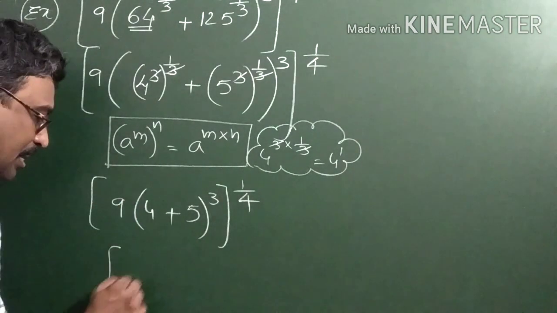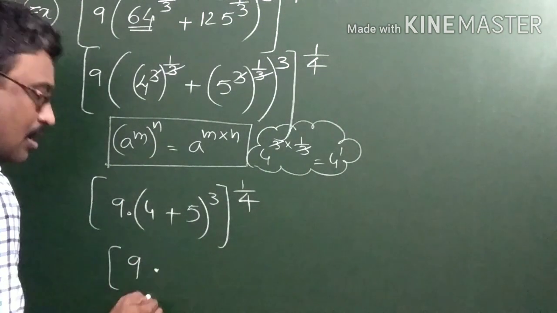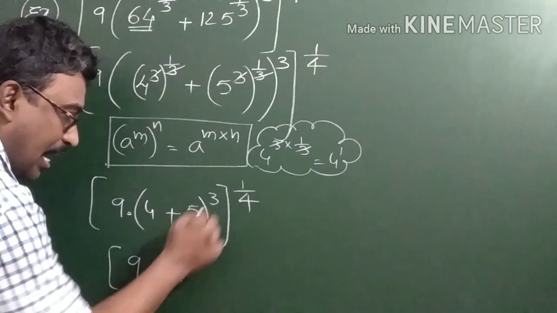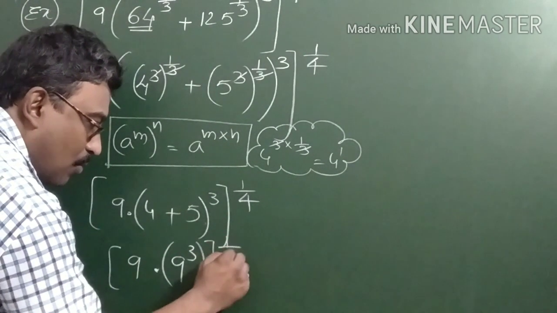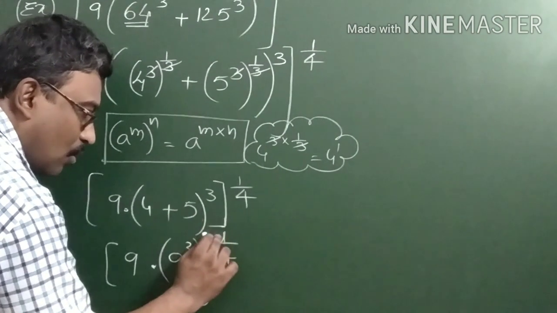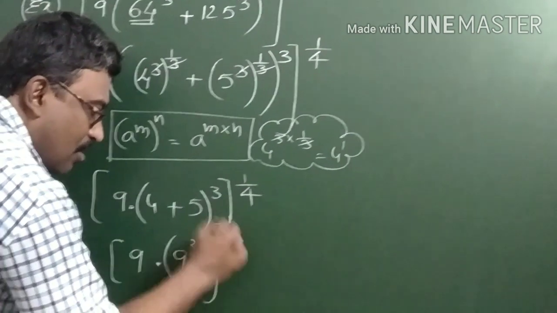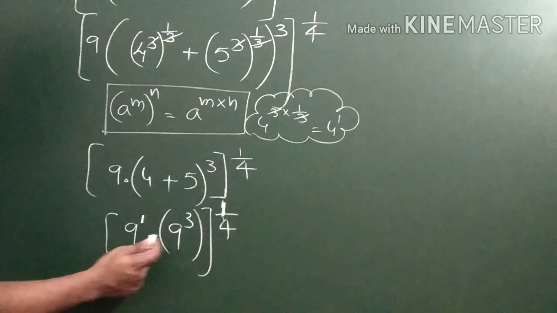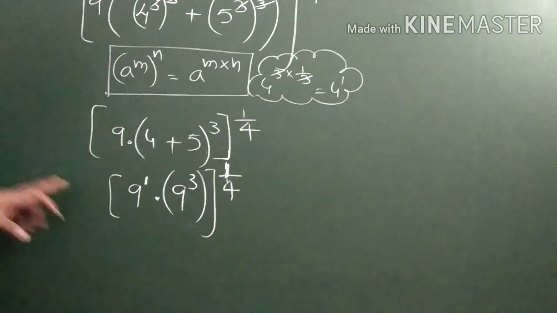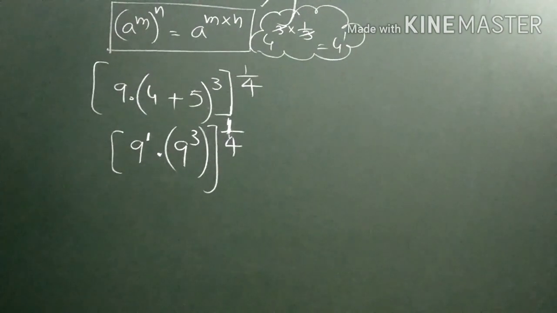Now 9 into (4 + 5), 9 cube, whole to the power of 1/4. Now here 9 to the power of 1, here 9 to the power of 3. Bases are equal, power should be added.